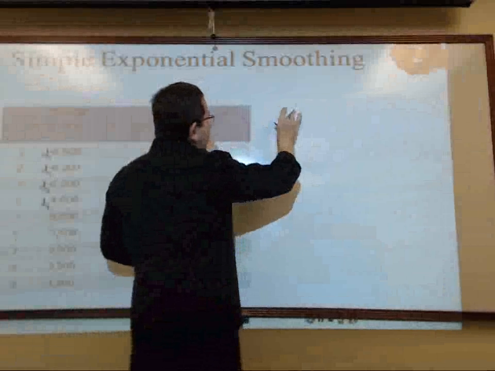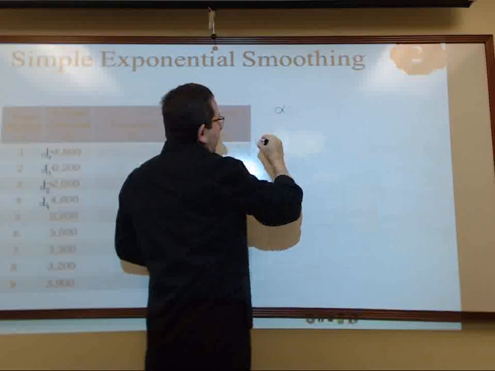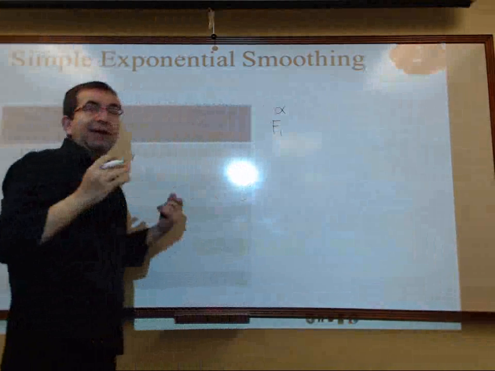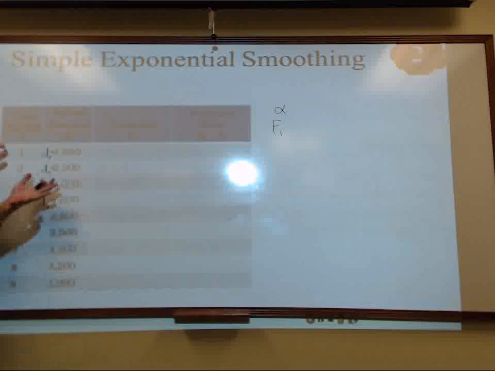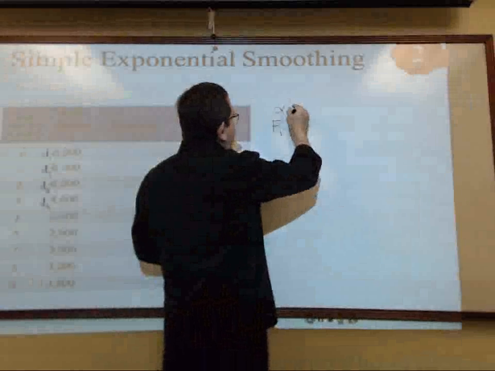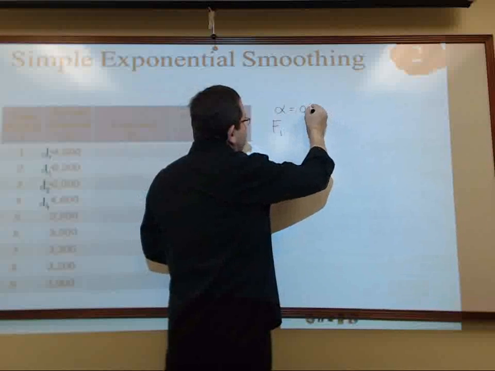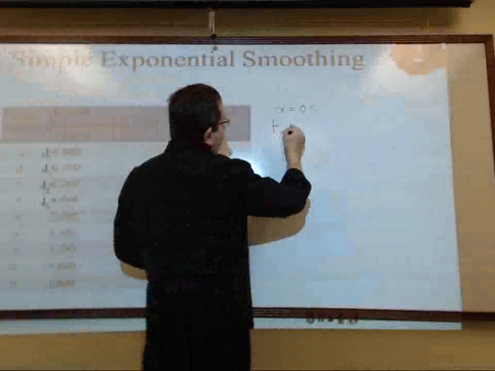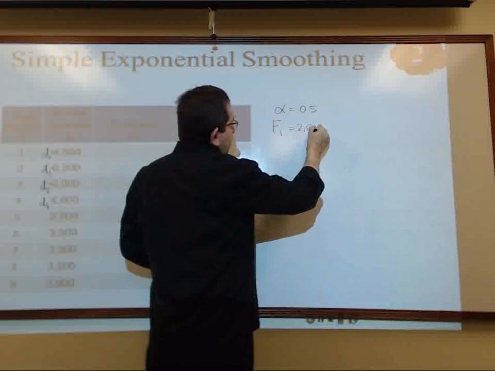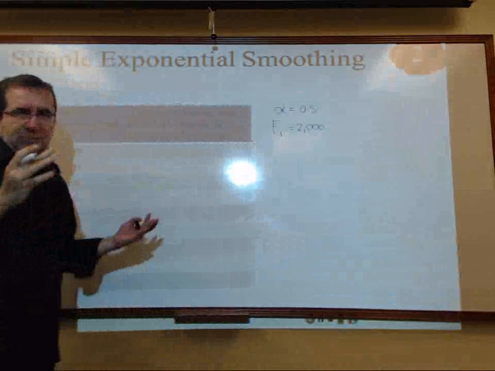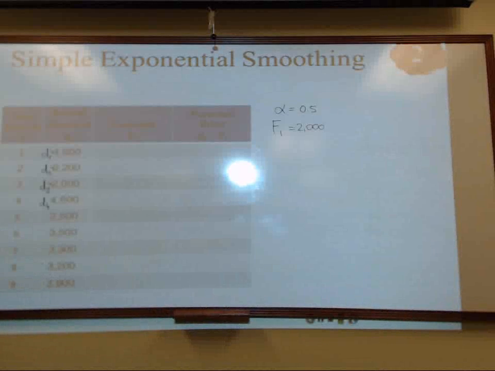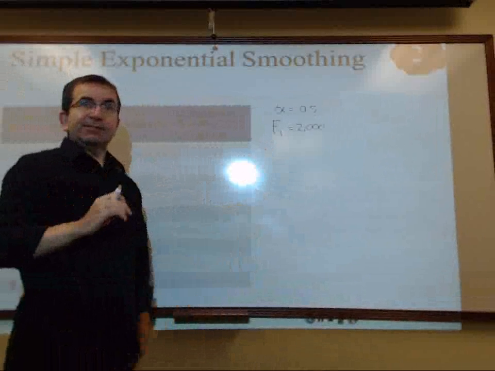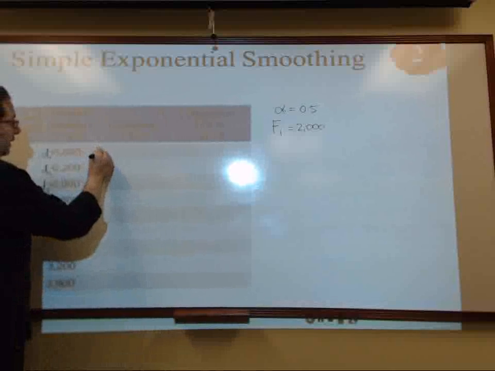First you need alpha, and then you need a beginning forecast, F1. Just off the top of my head, I'm going to say alpha is 0.5, a simple number. And for simplicity, let's suppose I pick 2,000. So the forecast for period 1 is 2,000. This is F1.